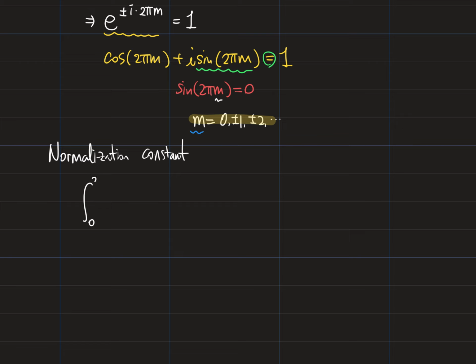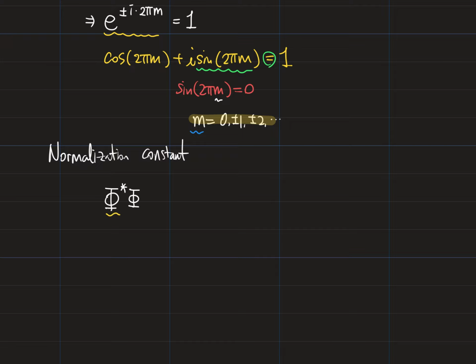Taking the square, since we are dealing with an imaginary number, means multiplying the complex conjugate by the original function.